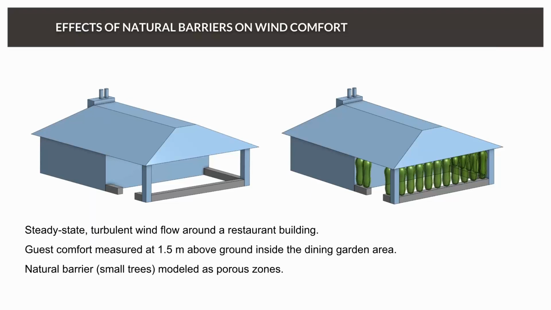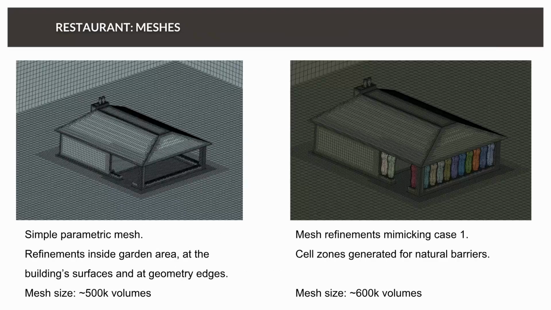And the idea is that you arrange the small trees, which were modeled as porous media, in a way that you reduce the wind speed at 1.5 meters above the ground.